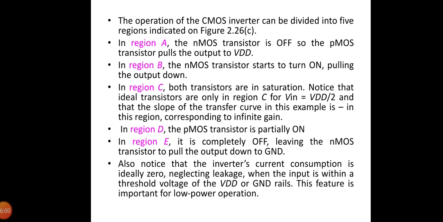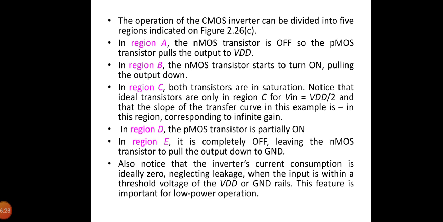In region C, both transistors are in saturation, and notice that the ideal transistors are only in region C for Vin equal to VDD by 2, and that the slope of the transfer curve in this region corresponds to infinite gain. In region D, the PMOS transistor is partially on. In region E, it is completely off, leaving the NMOS transistor to pull the output down to ground.